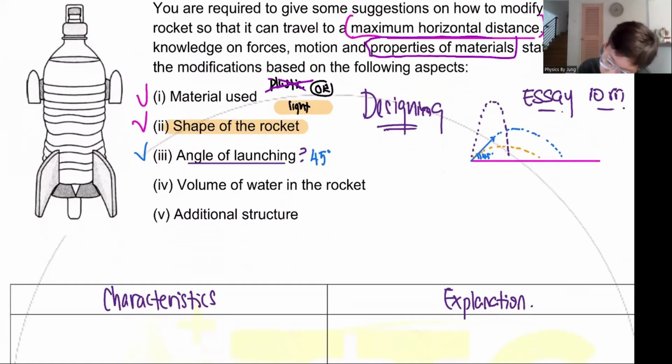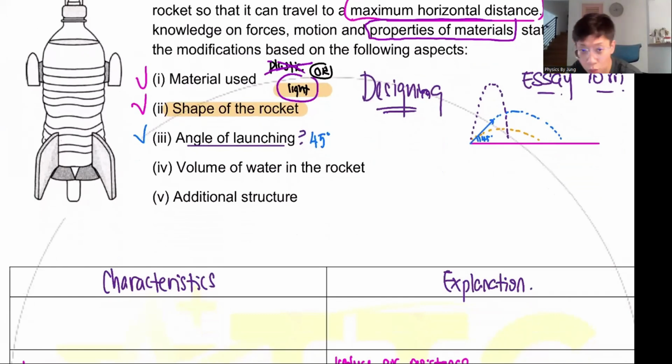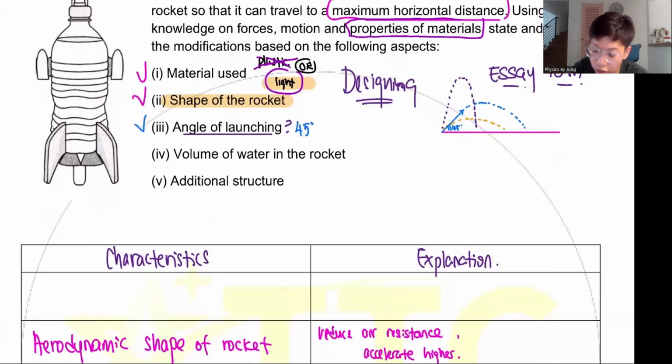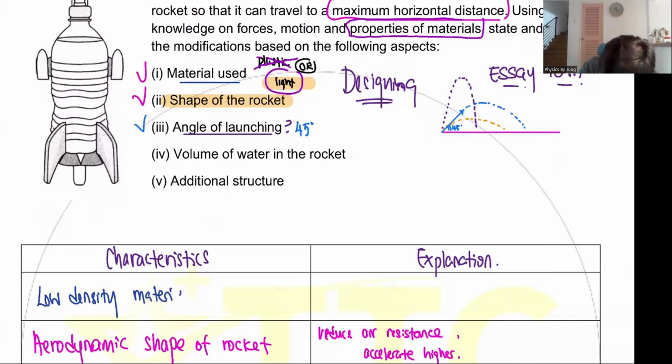Now, for light, we also don't recommend you to write lighter, because usually for material used we need to talk about something called low density material. Light is the explanation.